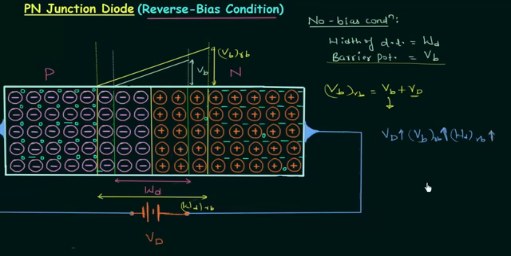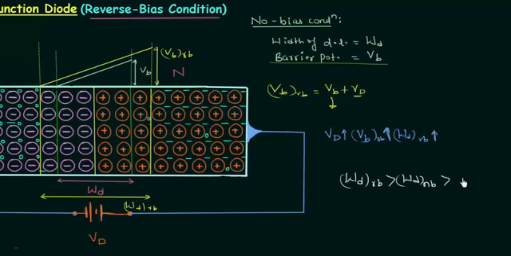If we compare the width of depletion layer for reverse bias condition, forward bias condition, and no bias condition, then we will find width of depletion layer is maximum in reverse bias condition. Then we have no bias condition, and the width of depletion layer is minimum in case of forward bias condition.